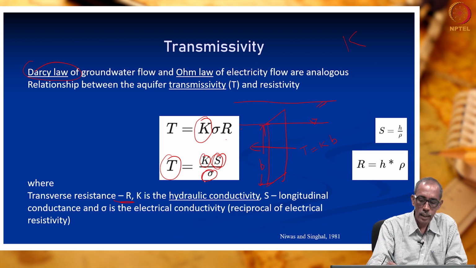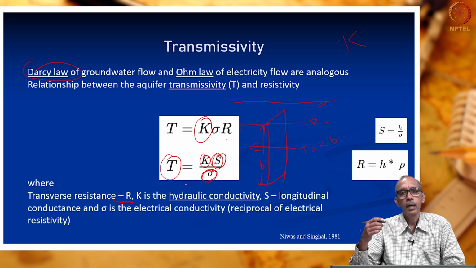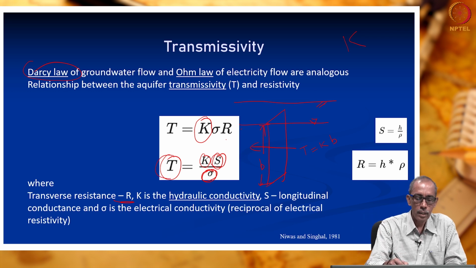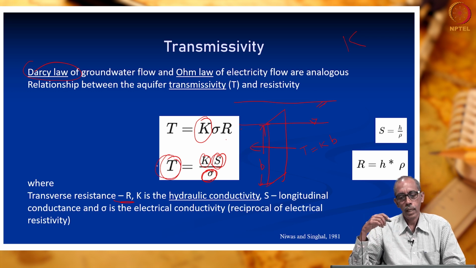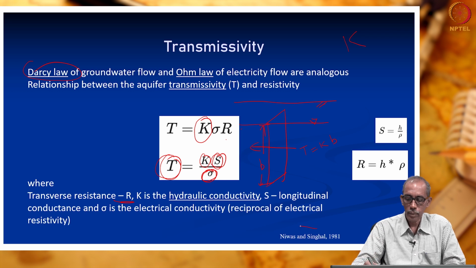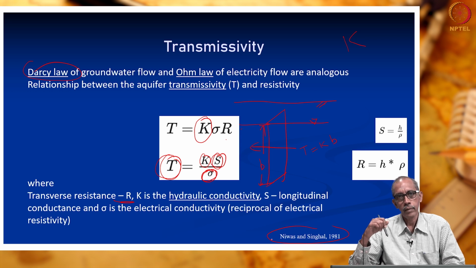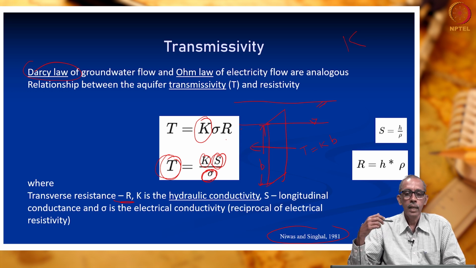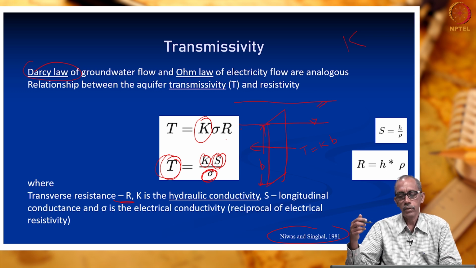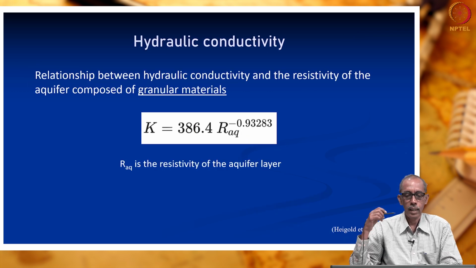So, if you can estimate electrical conductivity making use of an electrical conductivity meter, we are able to determine the transmissivity of the aquifer. So, this was given by Dr. Nivas and Professor Singhal from IIT Roorkee. They suggested this method of estimation of transmissivity from the electrical resistivity survey.